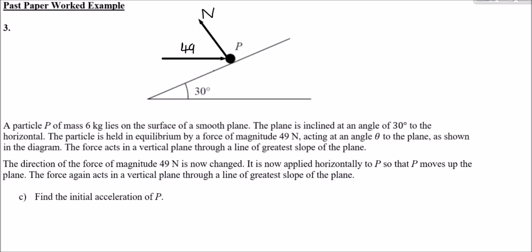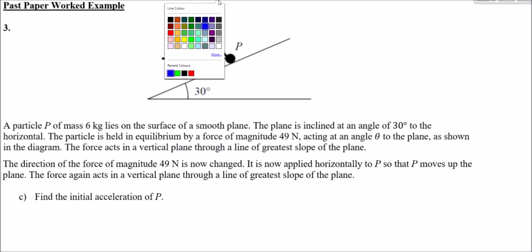But now what we can do is we can apply, again, a GCSE angle fact. So we can still resolve 49 newtons, but we can now resolve it relative to this 30-degree angle. I'll explain why this is.